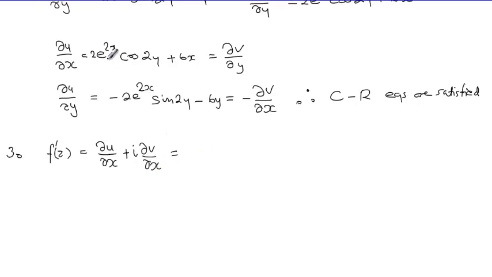This gives us the partial derivative of u with respect to x is 2e^(2x) cos 2y plus 6x, plus the imaginary unit times 2e^(2x) sin 2y plus 6y.